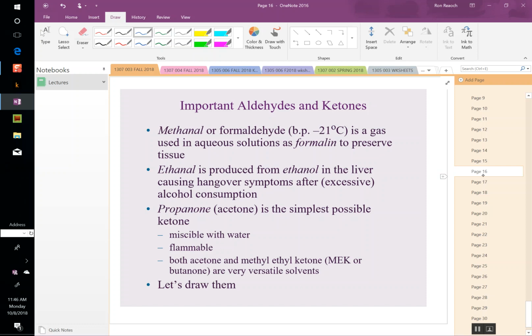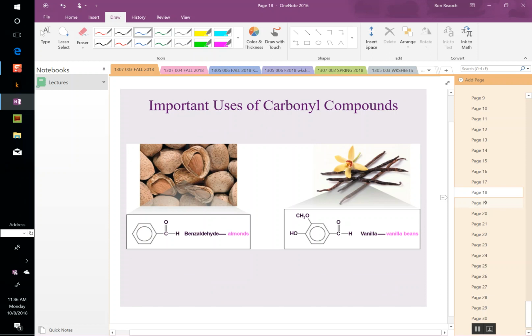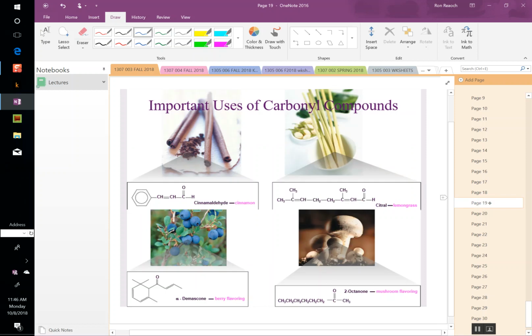All right, so I think there are just some slides here of some common compounds, like vanilla, where you can see the aldehyde, the bunch of functional groups in there. Cinnamon aldehyde, lemongrass.